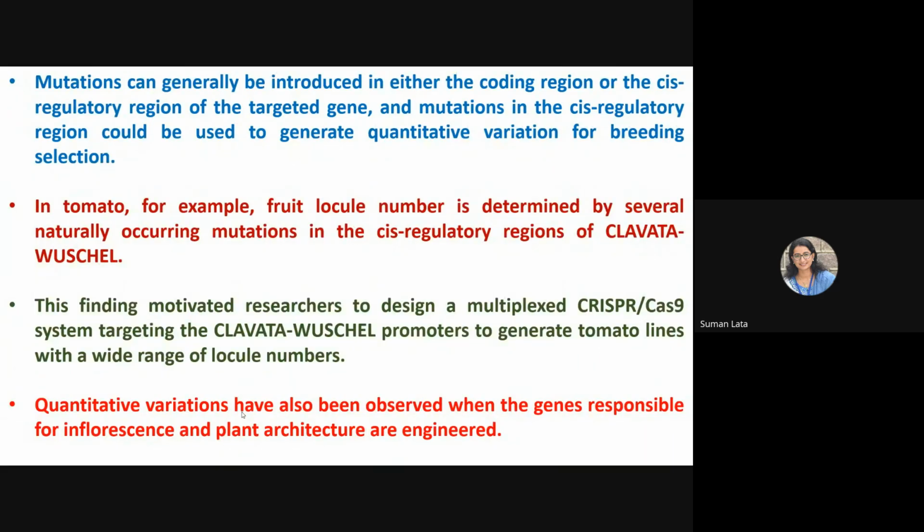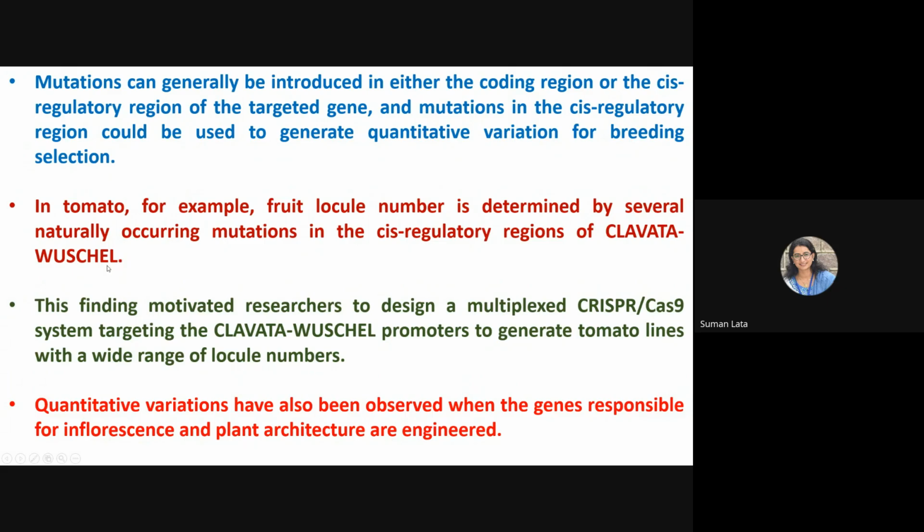So these are the other applications, like mutations can be directly introduced into the coding regions or the promoter region, that is the cis regulatory regions, which can be used to generate variations for breeding selections. In the case of tomato, the fruit locule number is determined by several naturally occurring mutations in the cis regulatory region of CLAVATA and WUSCHEL.